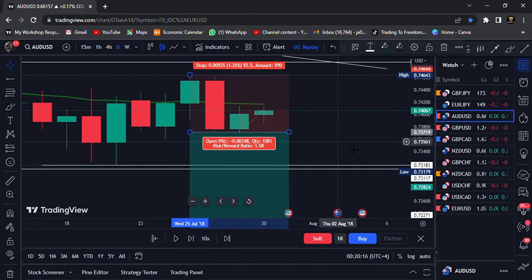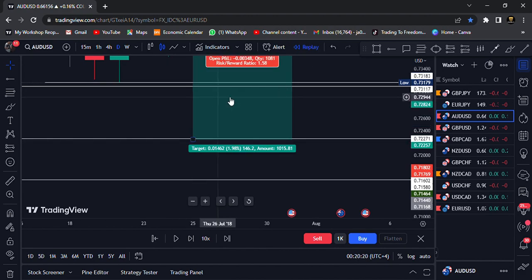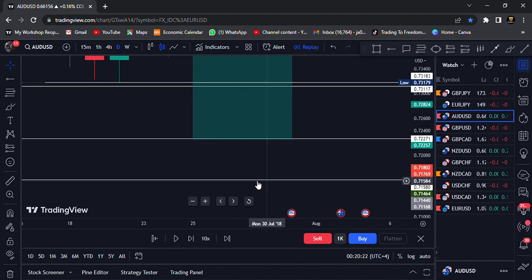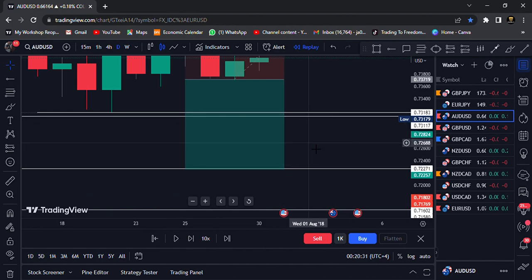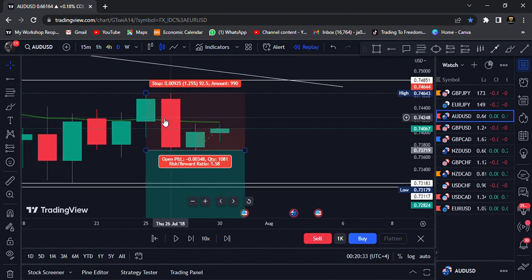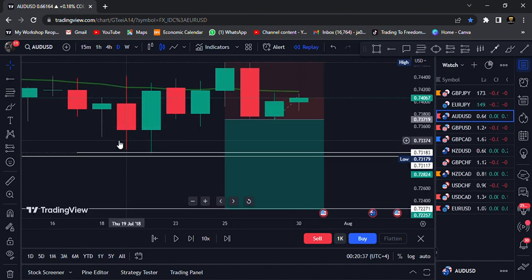So that's the point, guys. If this happened here, it would have been a fall, like it would have been a dip. That's the thing I'm talking about. If this happened here, it would have been a dip, but since it happened inside here, you see, it didn't trigger. Same here also.